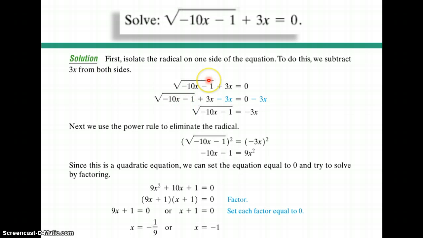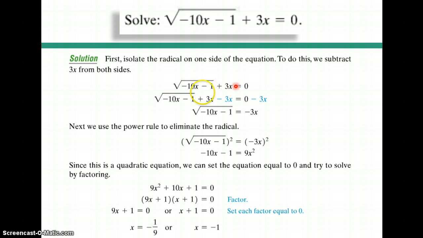Square root of minus 10x minus 1 plus 3x equal to 0 is a radical equation. Here square root of minus 10x minus 1 is a radical expression.